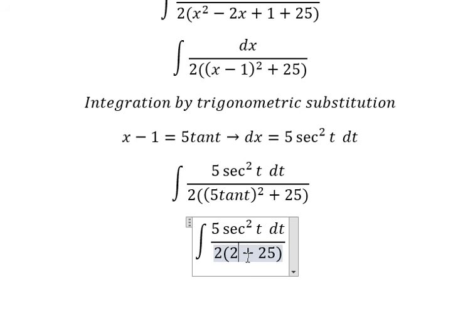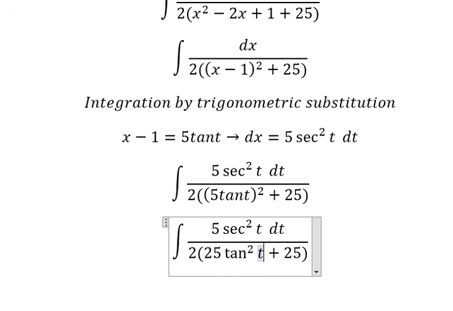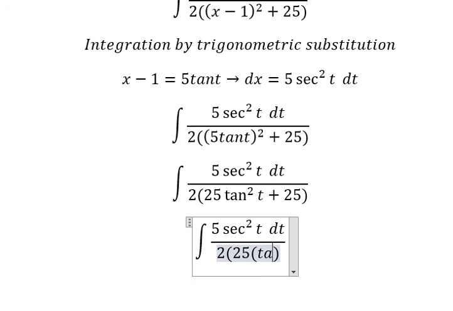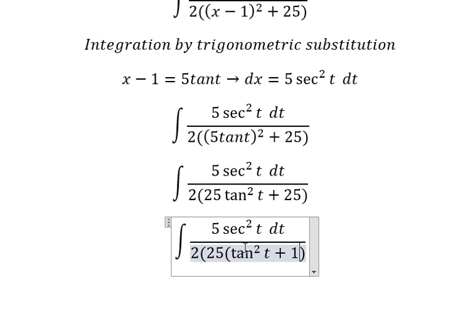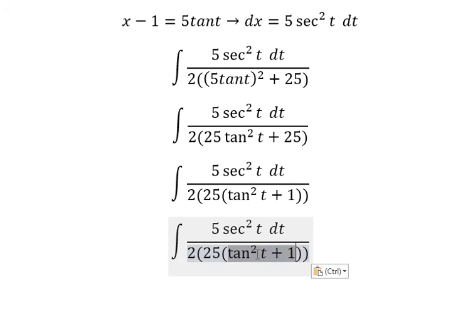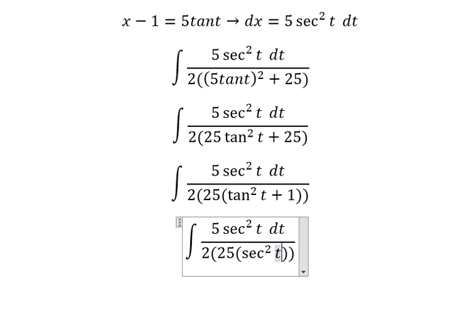This one is 25 tan t square. Number 25, we can do factorization. This one is secant of t square.